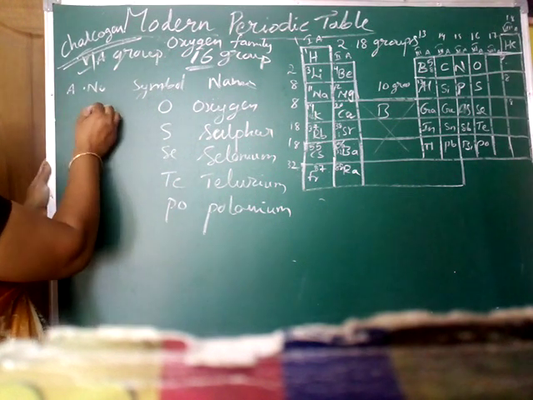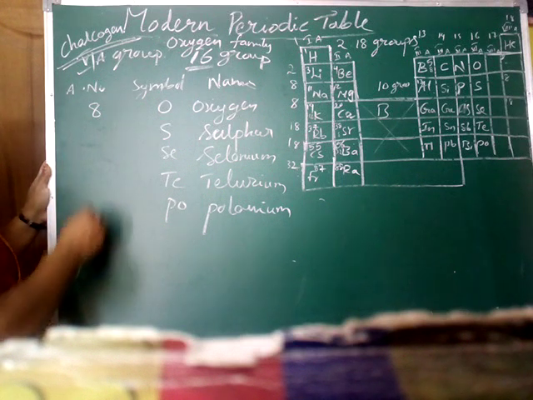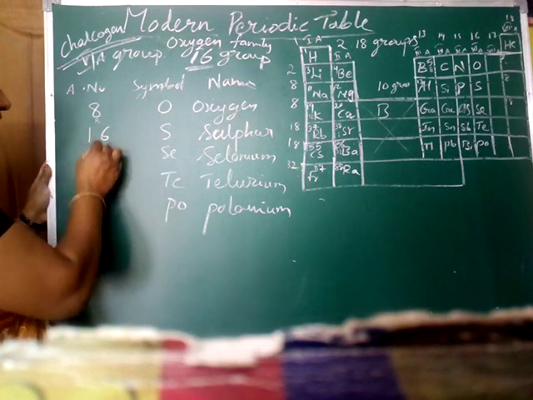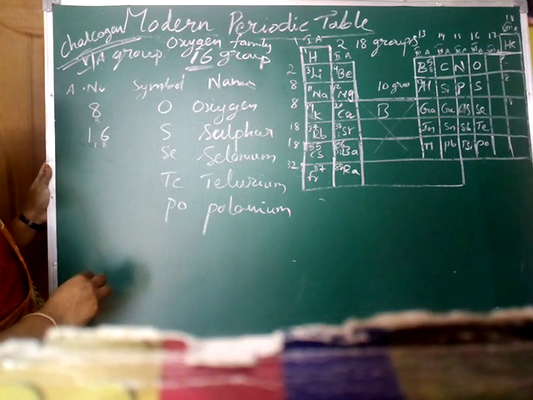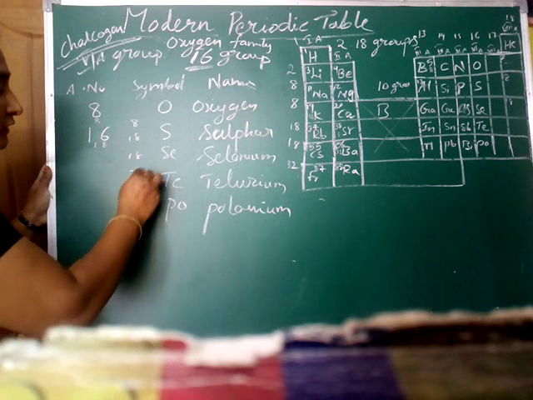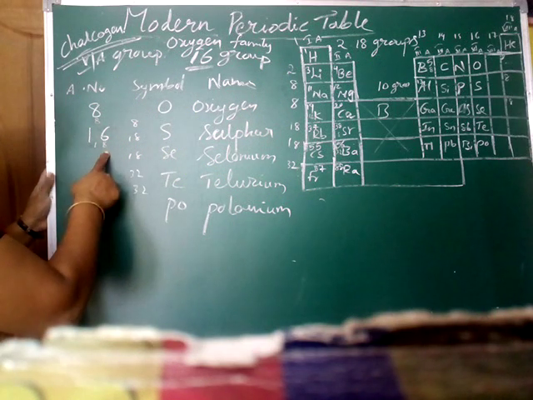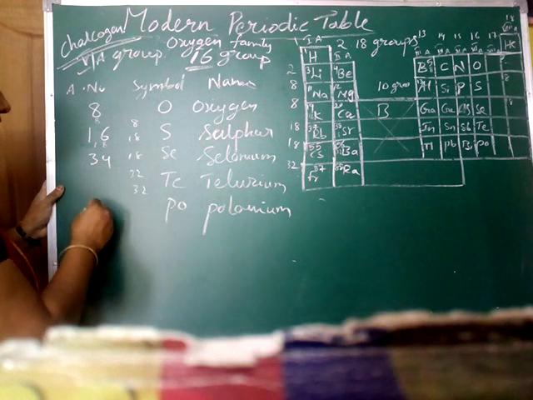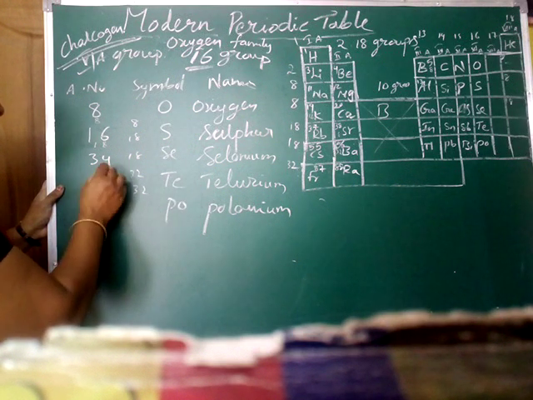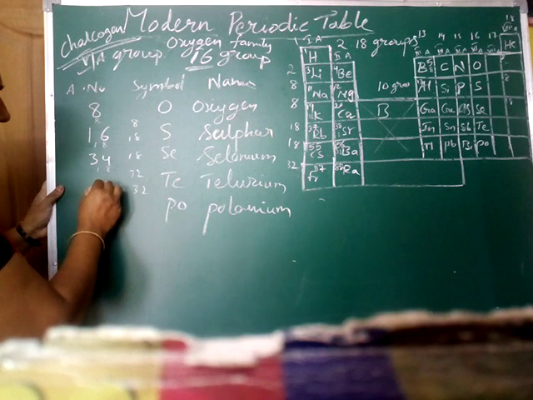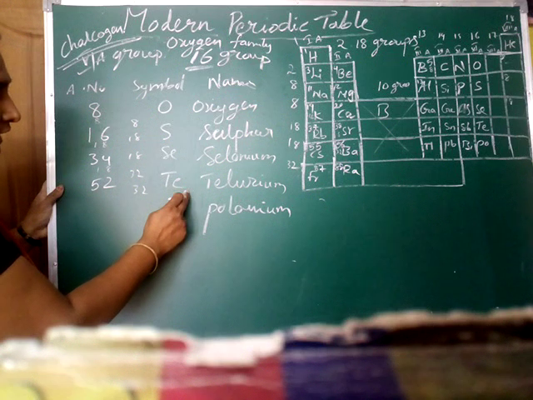Now atomic numbers. Write oxygen 8. We know that if you add 8 to this one, you will get 16, the atomic number of sulfur. Then after you have to add 18. I already told you 8, 18, 18, 32, 32 you have to add. If you add 18, 34 is the atomic number of selenium, and again you add 18 to this, you will get 52, the atomic number of tellurium.